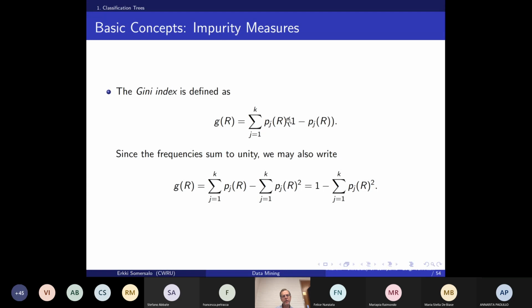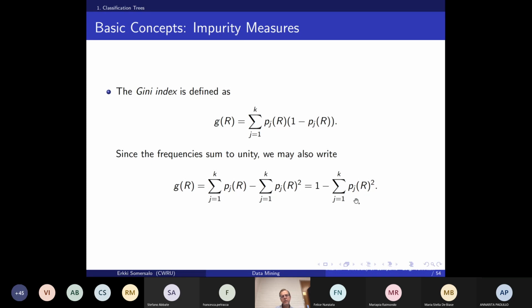If I distribute this product, Pj times 1 is Pj, so this is the first term, and then minus Pj squared. So what I get is the sum of Pj's minus the sum of Pj squared. Now remember that the frequencies sum up to 1. So the Gini index can be written as 1 minus the sum of the frequencies squared.